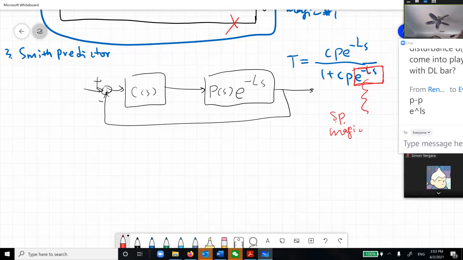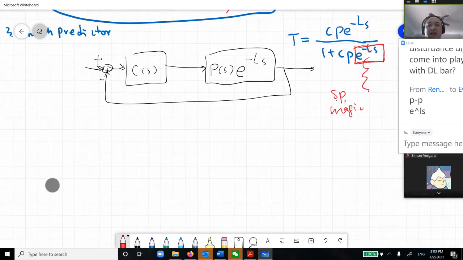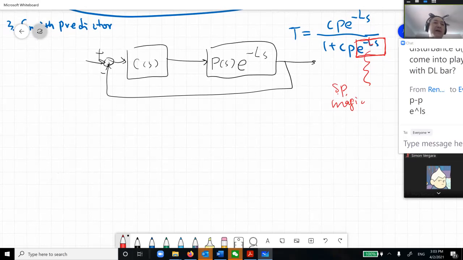Okay, let's do it. The idea still uses a non-traditional, non-classical approach based on what we learned about the Youla parameterization. What we want here is for the whole system T to be like Cp divided by 1 plus Cp, times e^(-Ls).